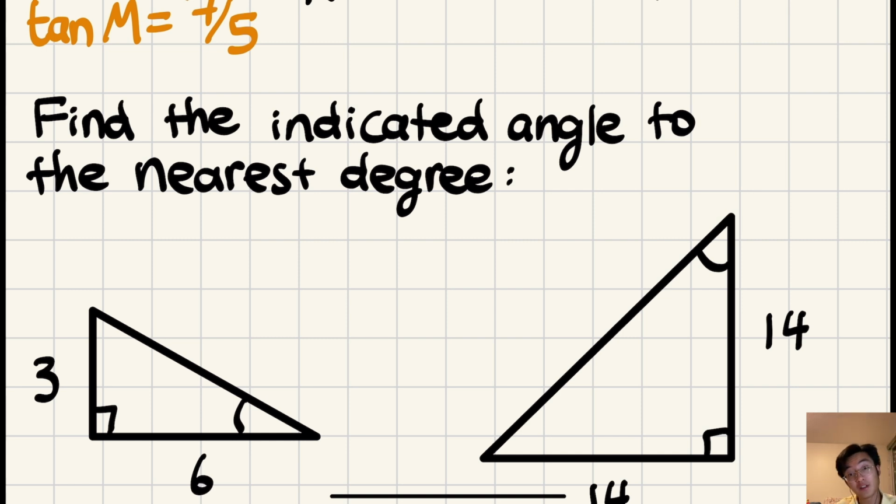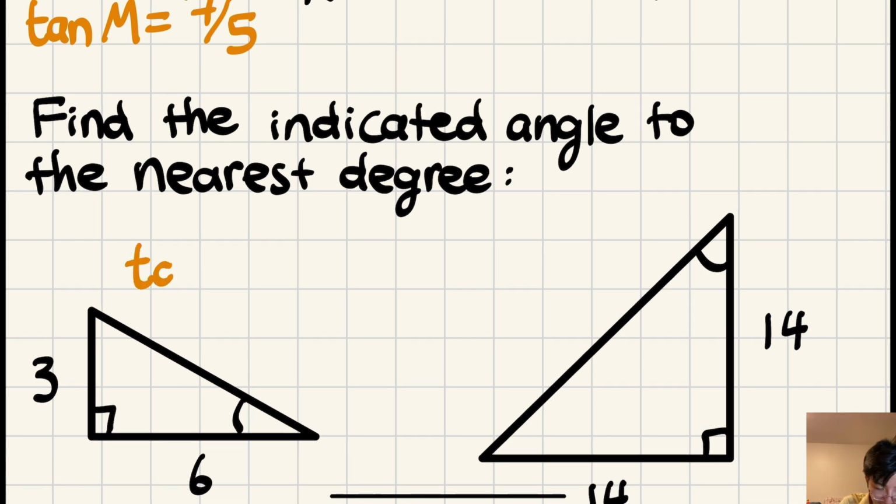In order to do the inverse tangent, we take the opposite over the adjacent. So opposite to this angle is 3. The adjacent is 6. Plug it into a calculator, which again, hopefully is in degree mode, gets us 26, or no, 27 degrees because we round up.